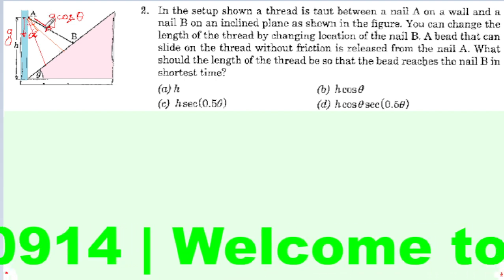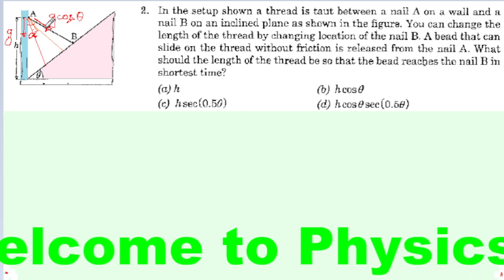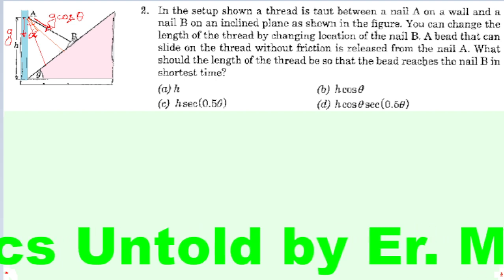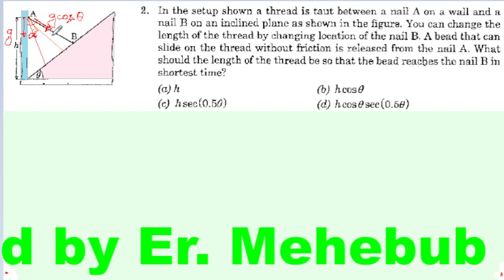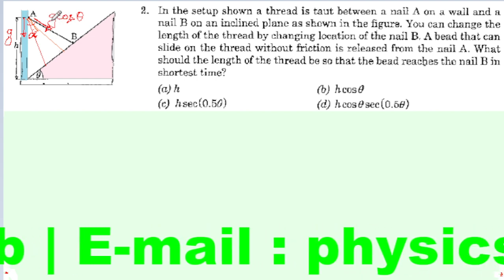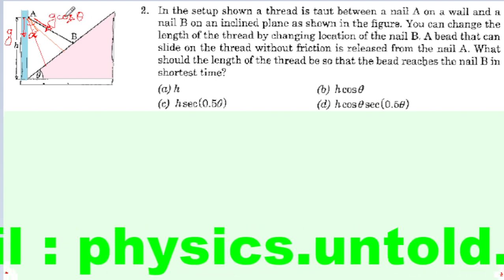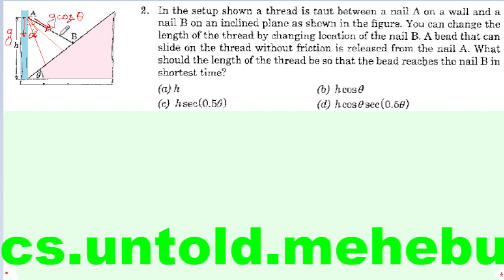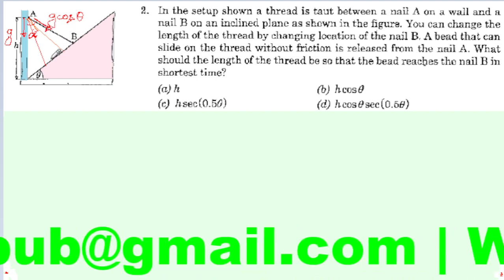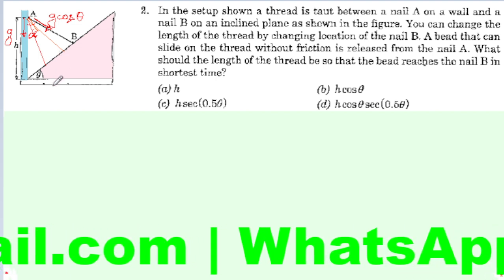Now as the bead is sliding along the rope or the string, the effective component of acceleration due to gravity is g cos alpha, which is the acceleration acting along the path of the motion of the bead.